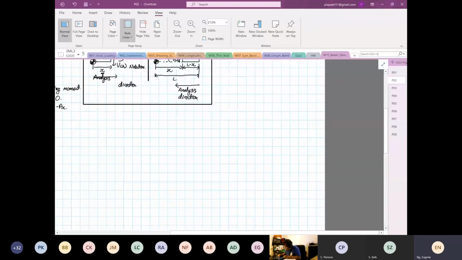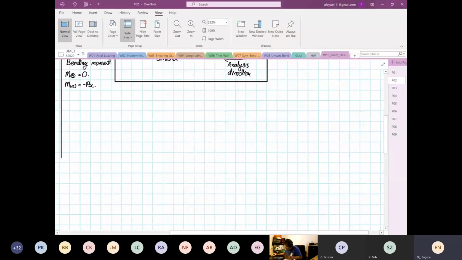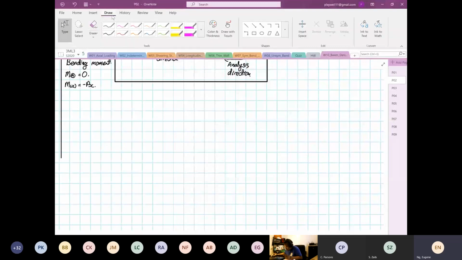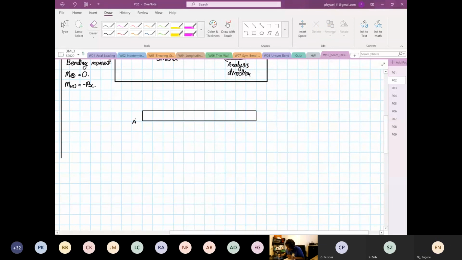So I'll draw the member and the load for you. This is our member, this is our point A, point B, point C, and then point D. These are our loads.